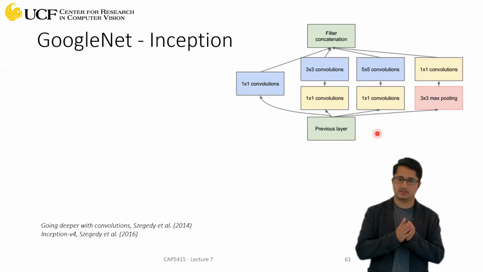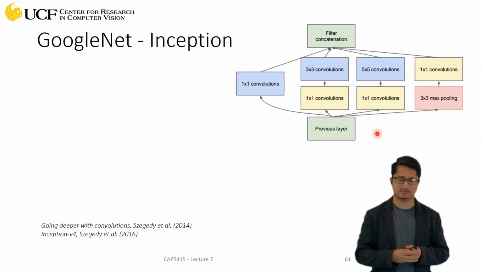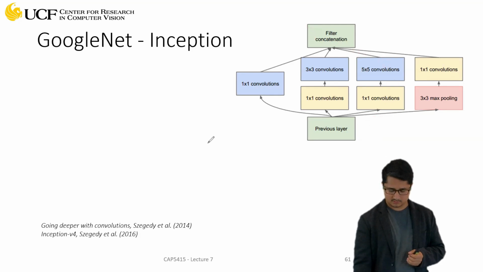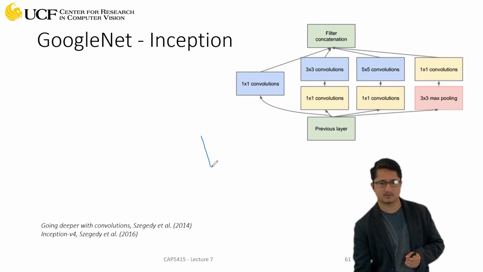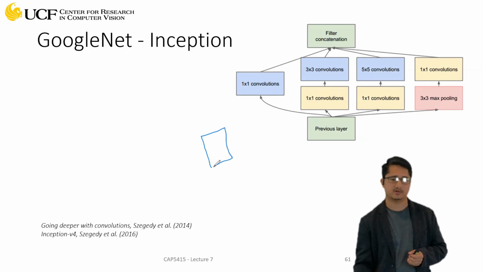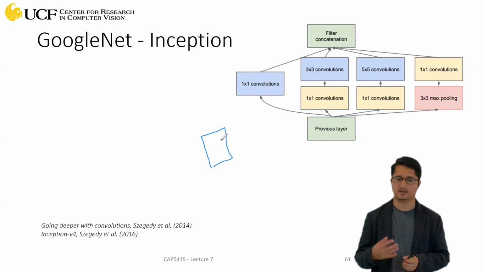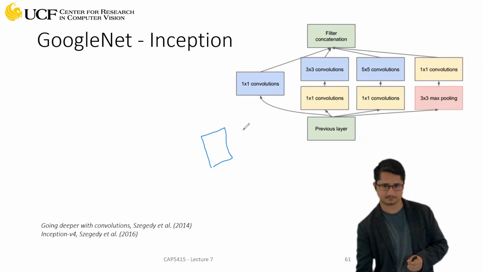In your input image, you might have different scales, right? Let's say you're detecting shapes, square objects. You might have an image where this is the square and you're trying to detect this.